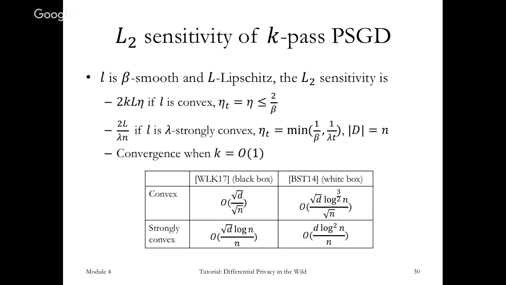For the white box approach, when you add noise to every iteration, usually they consider a number of passes on the order of n, which is similar to the data size. When that happens, the denominator of the bound will go to n and n squared for convex and strongly convex loss functions. In that case, the white box approach will have better dependence on the data size.